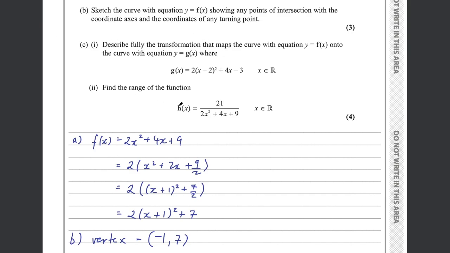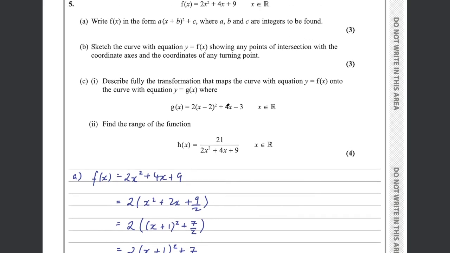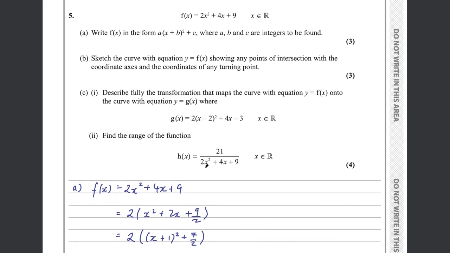And then part 2 says find the range of the function h of x. Well, hopefully you notice that we have f of x down here in this denominator. This is the same as the function we had in part A, f of x, 2x squared plus 4x plus 9. And we have graphed that, and we have a range for f of x.